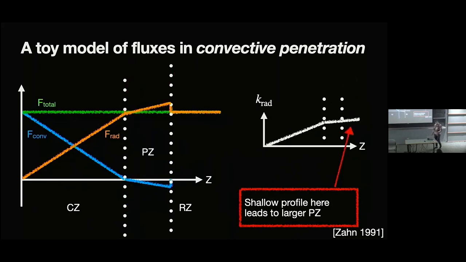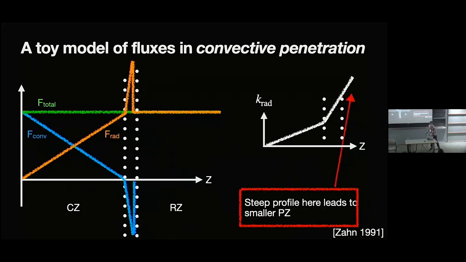On the opposite side, you could have a kink going down. So this is really shallow. That's really shallow. That is also really shallow. And so the deceleration of these cold upflows is a slow process in this case, and a fast process in this case. And that's what sets the extent of this region.